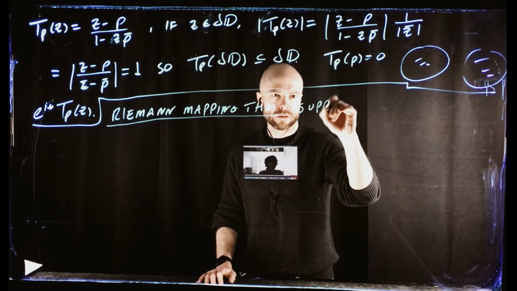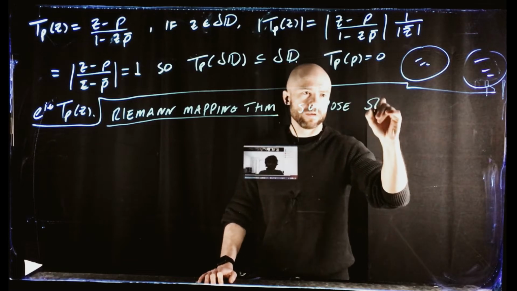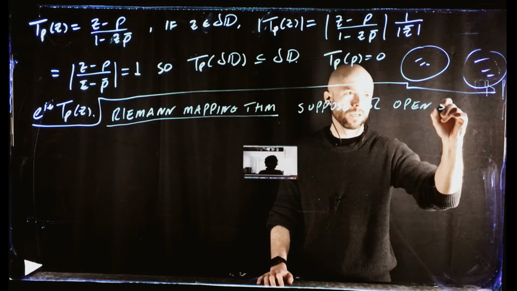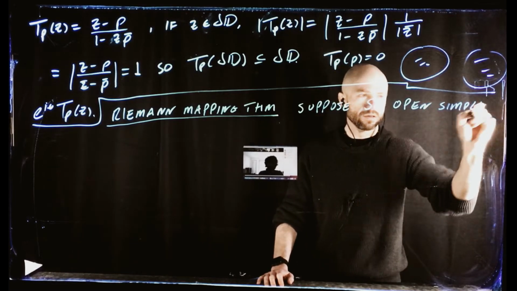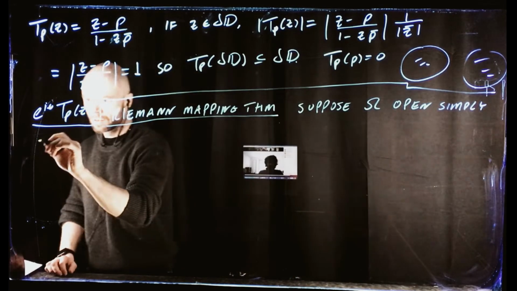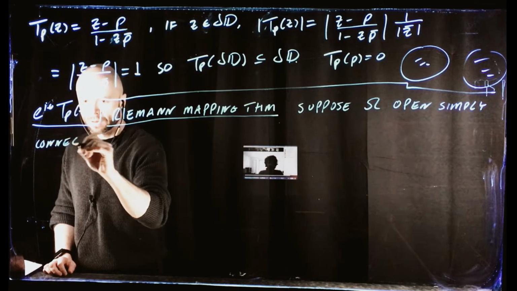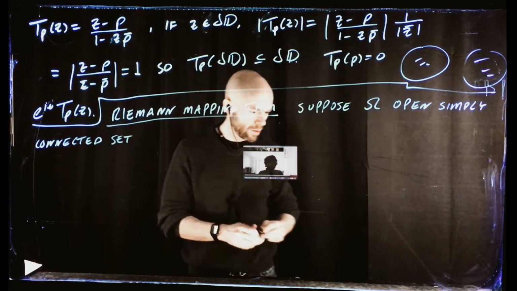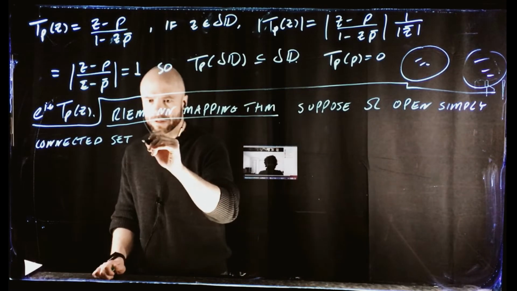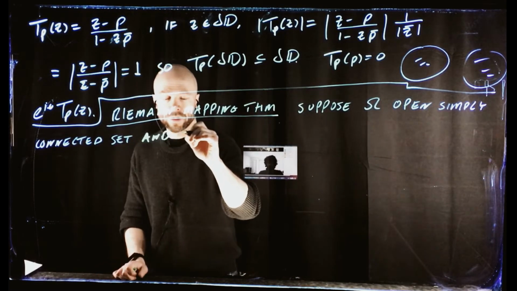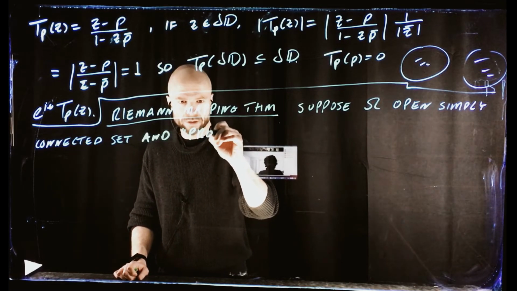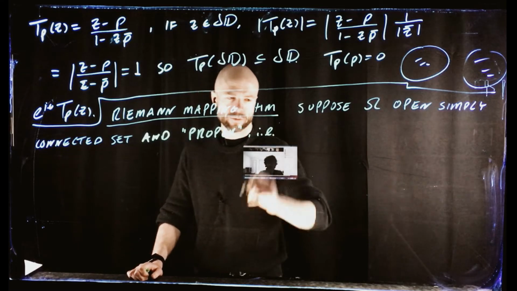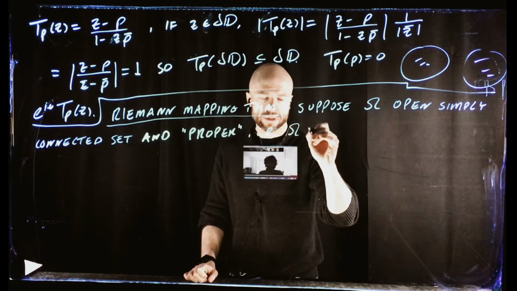Suppose omega is an open, simply connected set, and it's proper, which means it's not the entire set. That's not the entire complex plane.